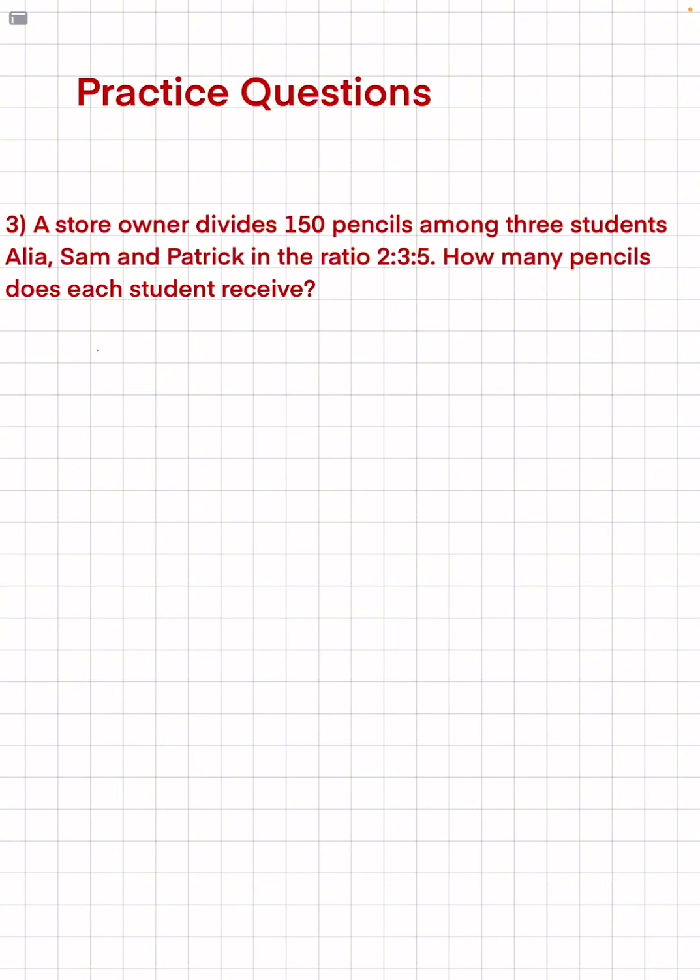So the pencils are shared between Alia, Sam, and Patrick in the ratio 2, 3, and 5.